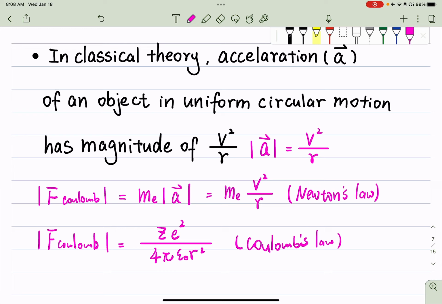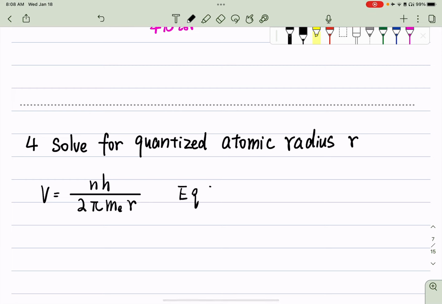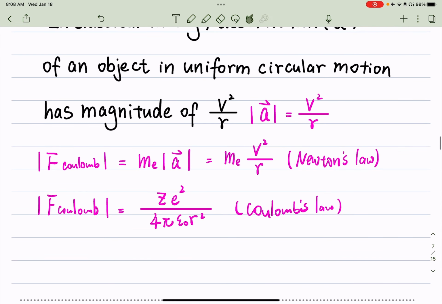So now we have several pieces of information here. We have velocity equals nh over 2 pi m_e times the atomic radius. That's our equation 7. We also have this term, right?